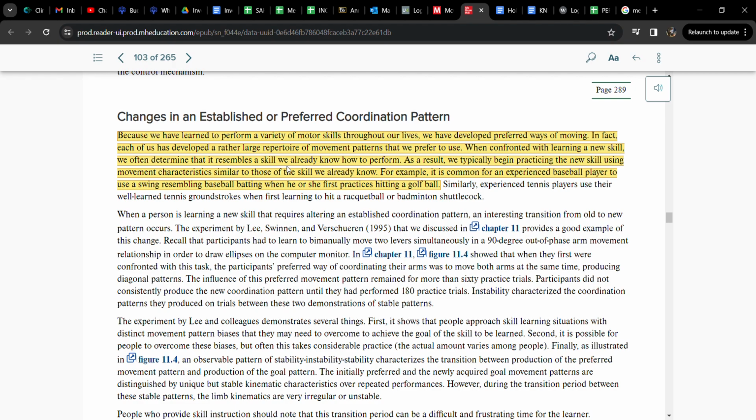In the example here, they see baseball players use a swing resembling a baseball bat when they're practicing hitting a golf ball. Now, do those things cross over well? Yeah, to a degree, but they don't exactly match up in the way that you want to perform the skills. So oftentimes it requires more learning and more refinement to the swing they use in order to apply it to the golf swing, or vice versa to a baseball swing.